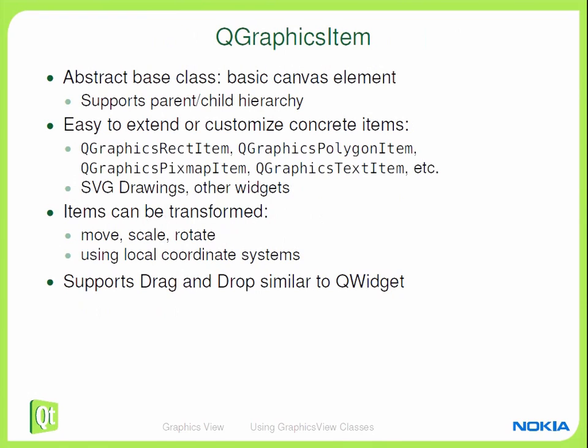Finally, we have the item. Like in the colliding mice example, we had those 7 mice there. There's 7 objects of class Mouse. The Mouse is derived from QGraphicsItem. So in that case, it's a custom QGraphicsItem. So you can derive your own class from QGraphicsItem and do your custom graphical items that way.